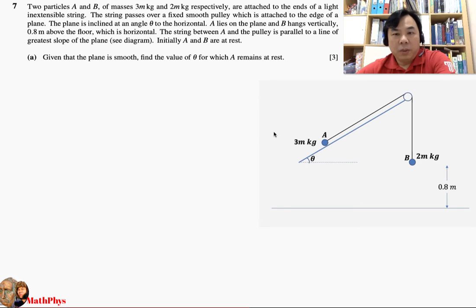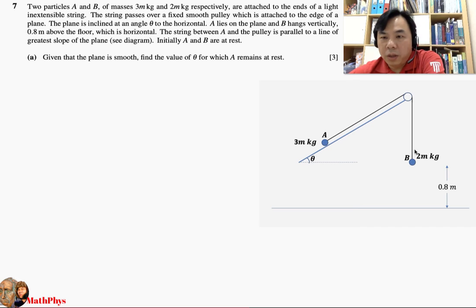Okay, so because the plane is smooth, this is a situation of equilibrium. So we're going to label all the forces acting on the system itself. Dividing and conquer will be the best strategy to use here. By dividing and conquer, I mean you have to observe the forces acting on each one of the particles.